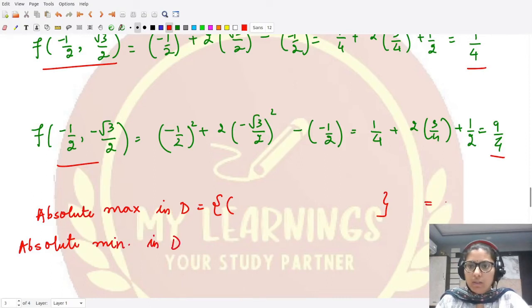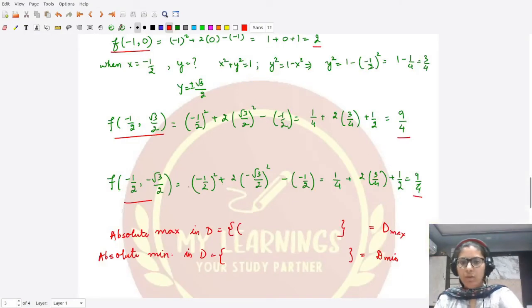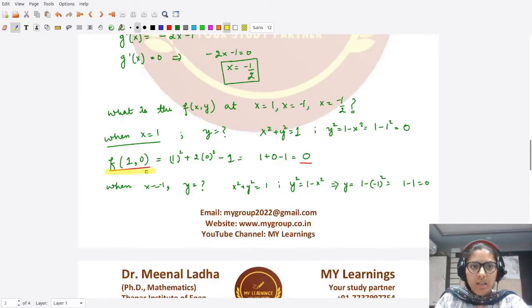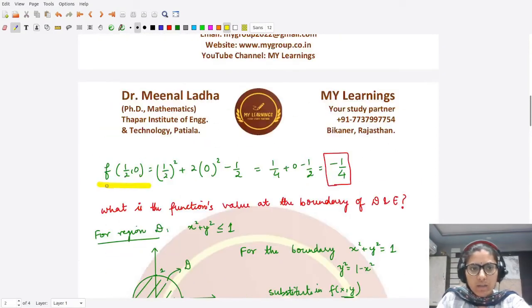So this would be nothing but your D max and this would be nothing but your D min. So let's check and compare the values here. For the absolute maximum, let's see what we wanted to compare here. So let me highlight the points, this point, this point, this point and this point, right? So these are the points, and one more, this one point.